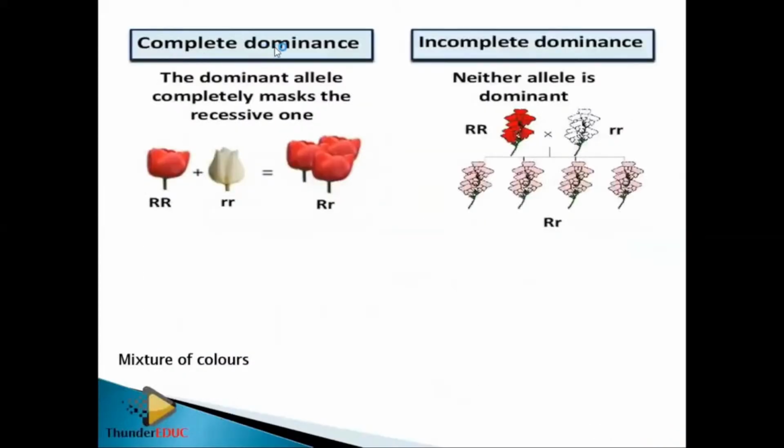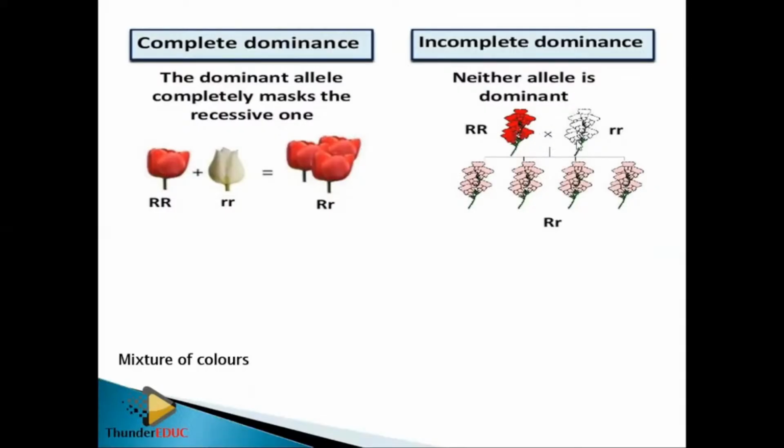You have complete dominance. The dominant allele completely masks the recessive one. It means that you have here the red and the pink, and then you produce red. It means that you have one character being produced in the offspring, either red or pink. One must be produced. Then in incomplete, you have red and white.